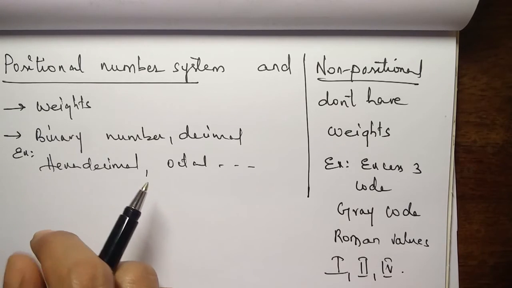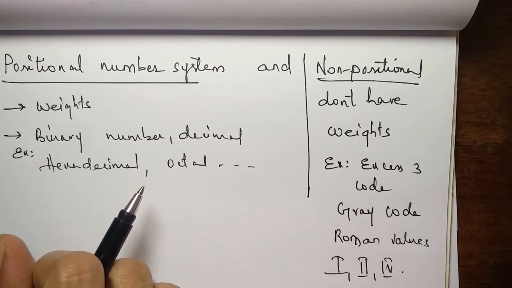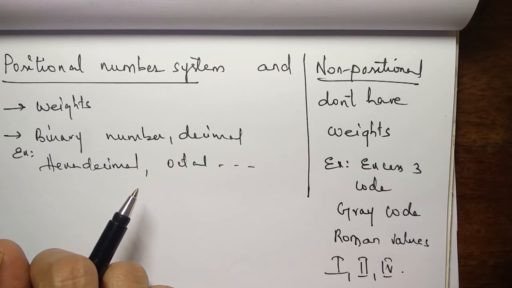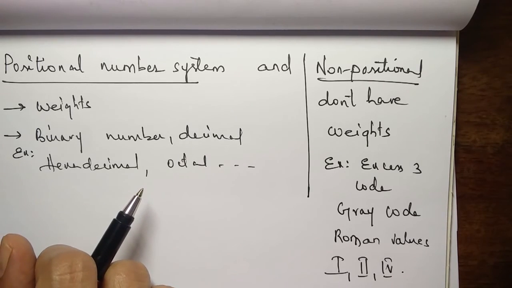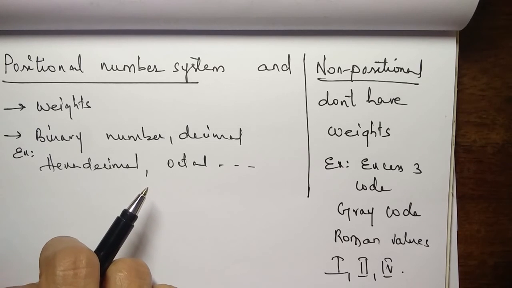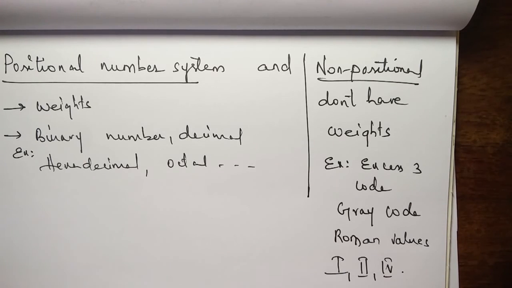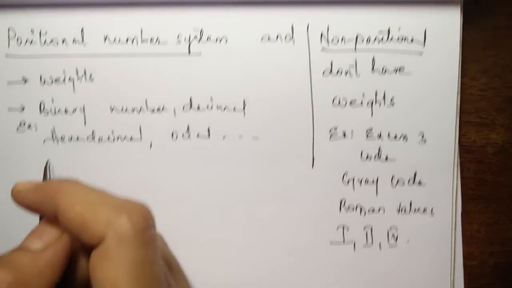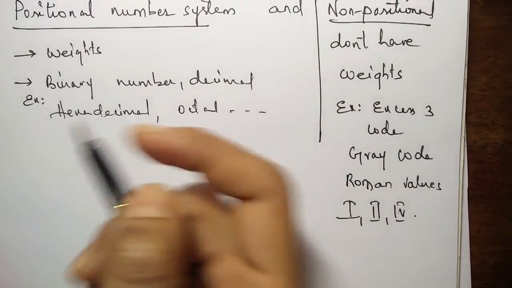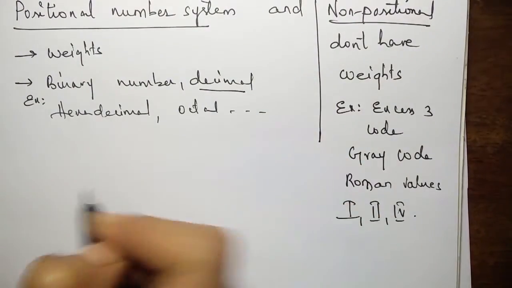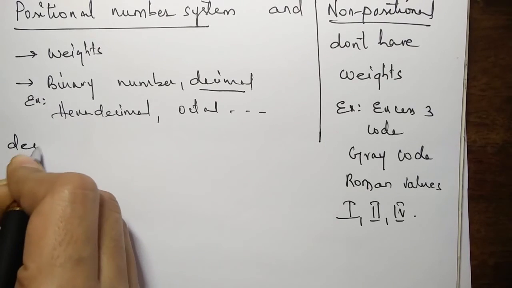There are different types of number system as I already said: binary, trinary, quinary, octal, decimal, hexadecimal and so on. So let us start with our first type of number system, the decimal number system.